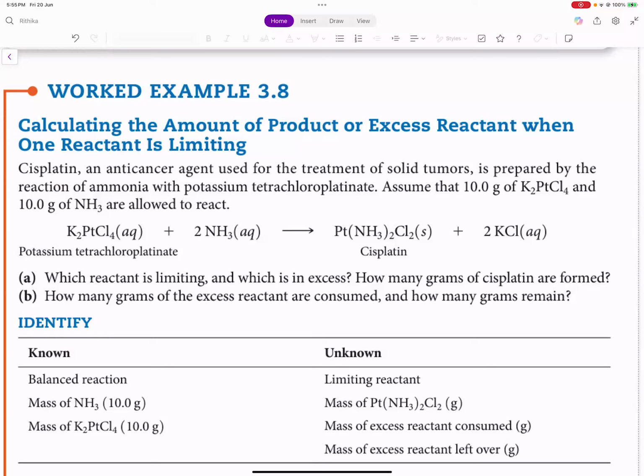Another doubt: when I'm not using a calculator for the molar mass in the exam or in school, can I round it off, or do I have to take it as they've given it? Whatever they have given, you can also round it off, because you anyway won't be calculating with so many decimal places. Something is better than nothing.